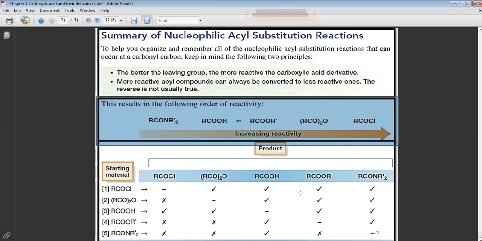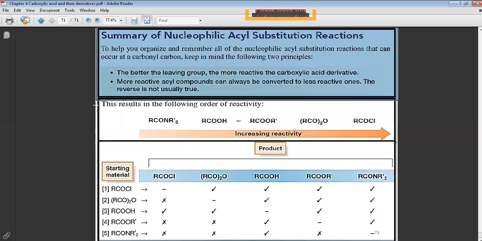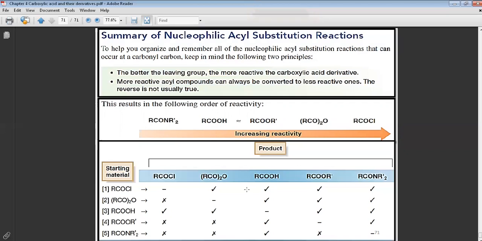This table is useful for you to remember the reactions of the carboxylic acid derivatives, and which derivative can be converted to which. This is very useful for you. Take note of these important points.